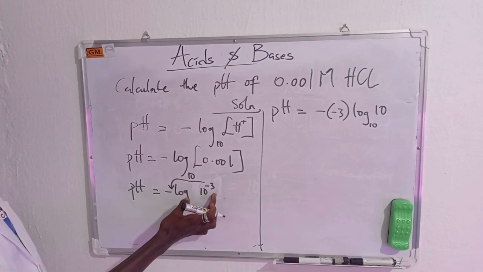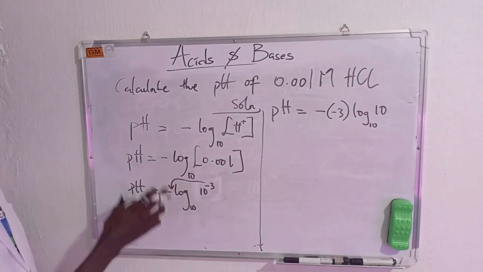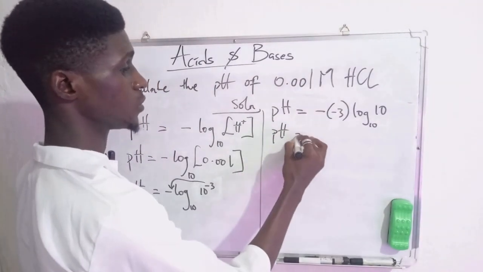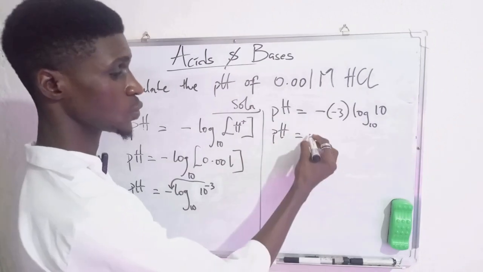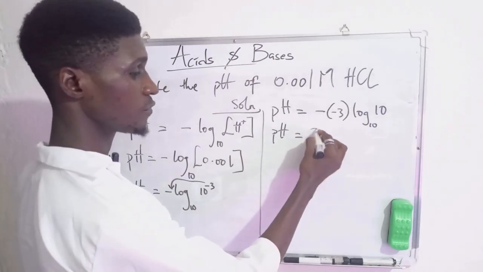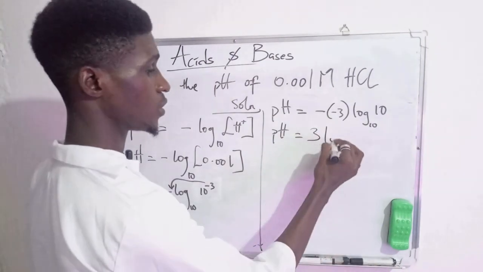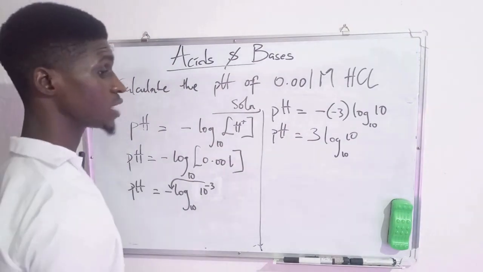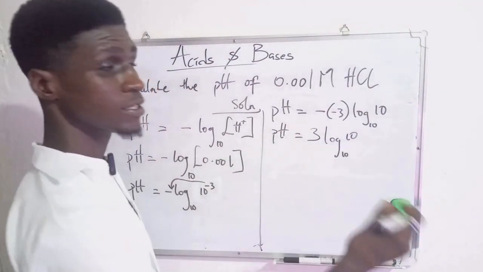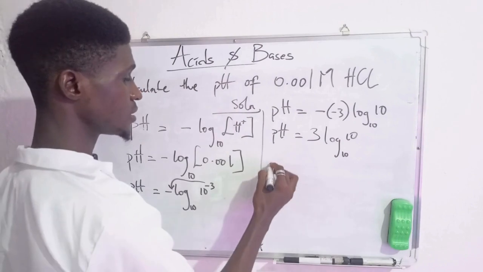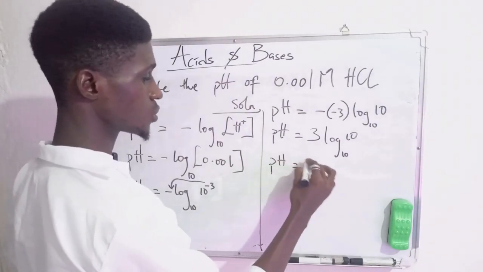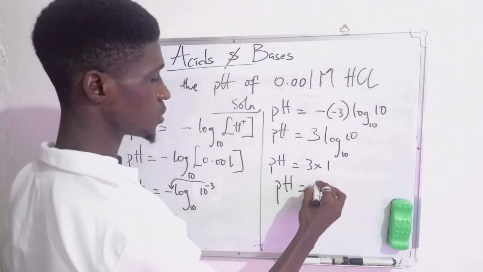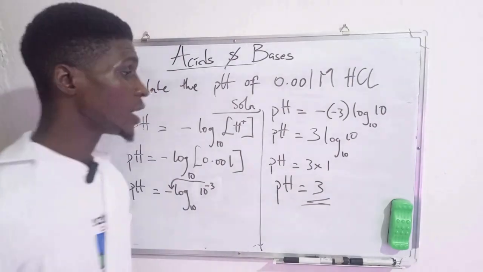I just moved this power to the other side. It is a law in logarithm. So we have pH equal to minus minus, which is plus 3 log 10. There is another law in logarithm that says log 10 is equal to 1. It means that pH is equal to 3 times 1, and then pH is equal to 3. So this is your answer.